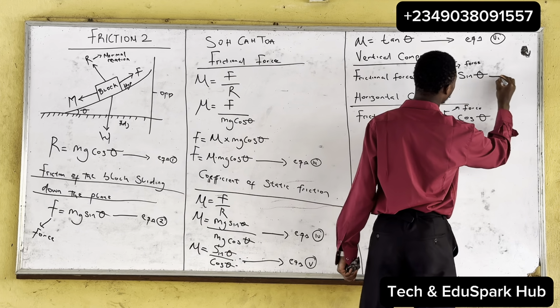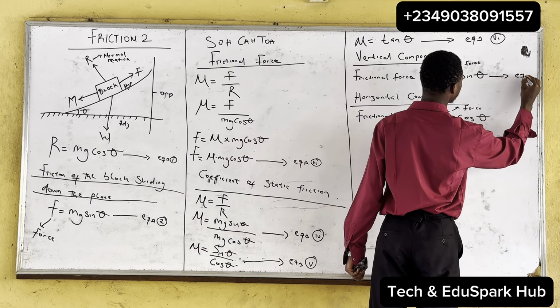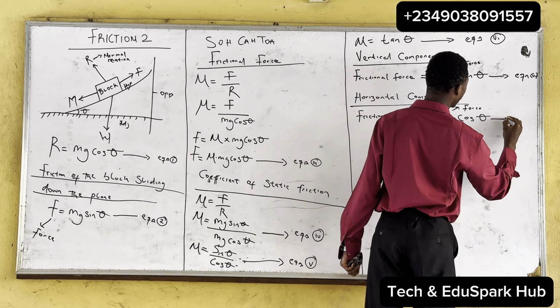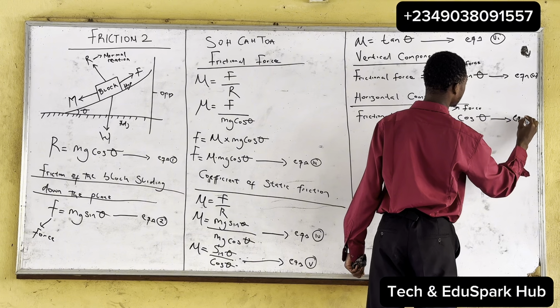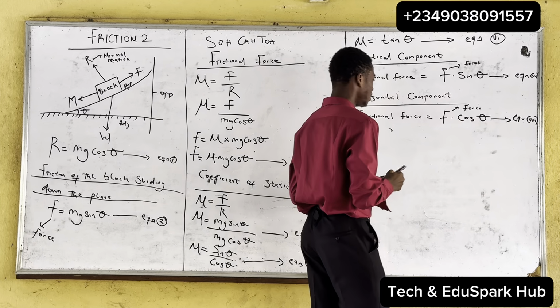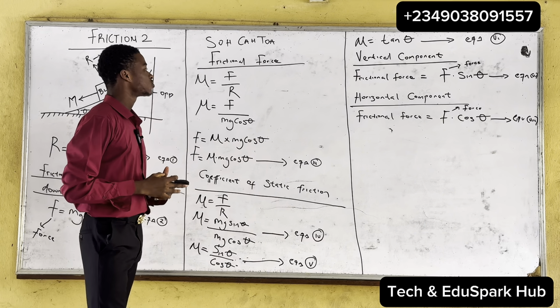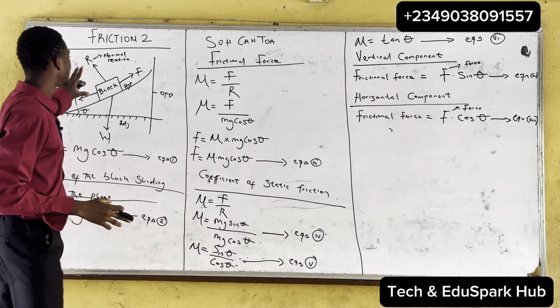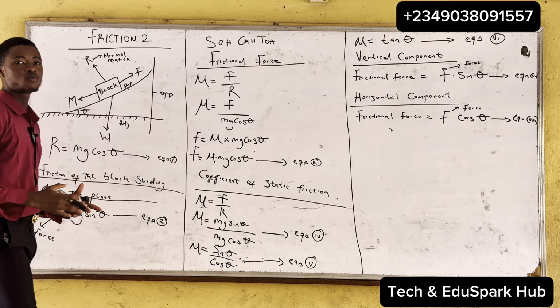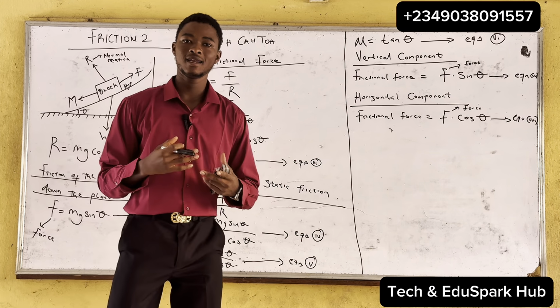We can call this our equation 7, and we can call this our equation 8. So these are formulas to know if you are solving any question under friction of an inclined plane. Knowing all these formulas, you'll be able to tackle any question under friction of an inclined plane.